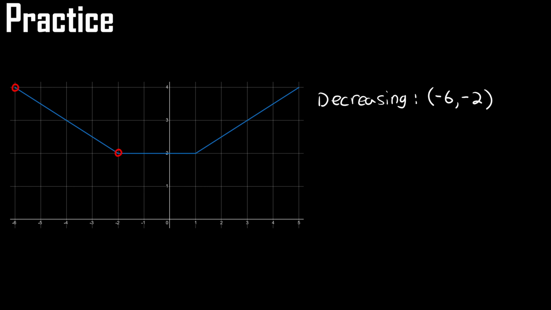Then we can see that from negative 2 to 1, our x values are increasing, but our y values are staying the same. So from negative 2 to 1, we are constant.